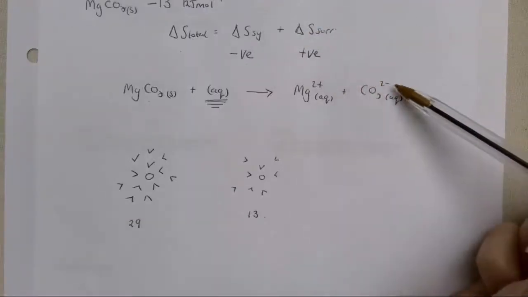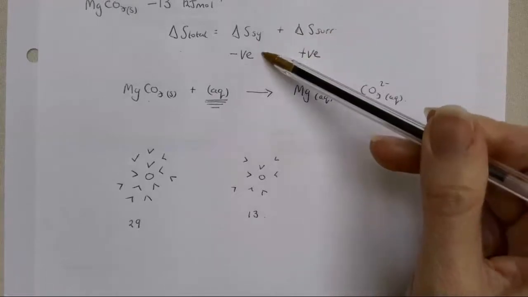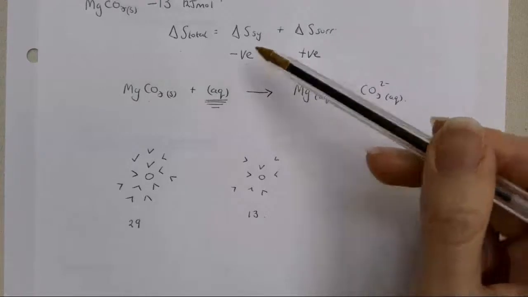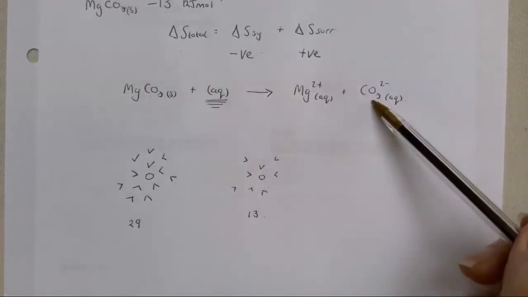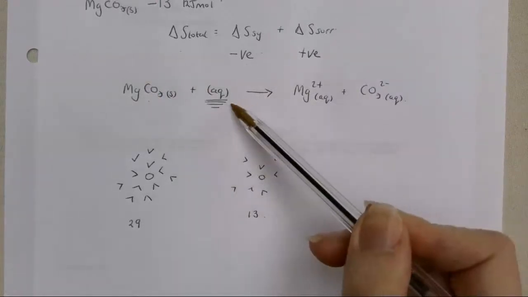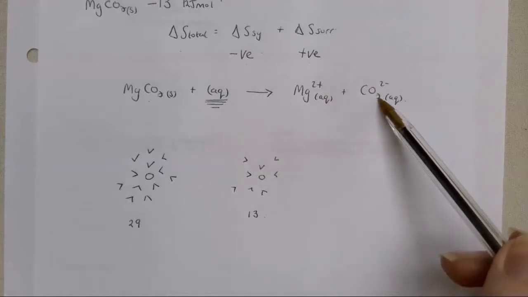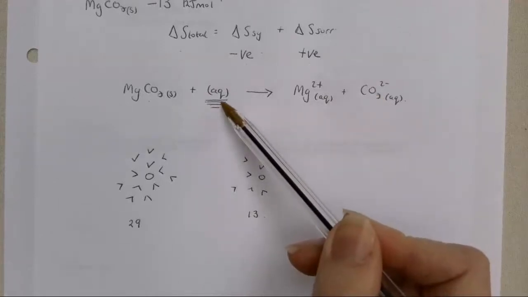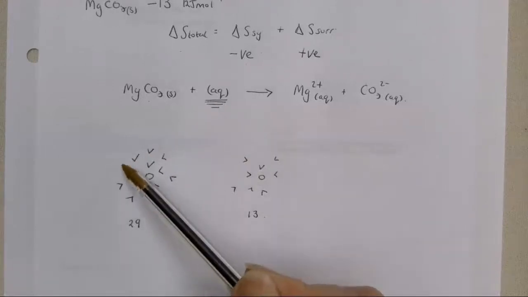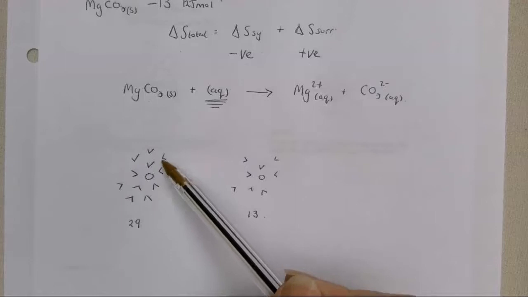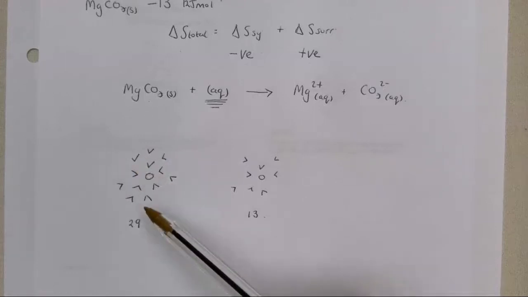So this explains why this reaction overall has a negative delta S system. The lattice is increasing in entropy, but the water is decreasing in entropy because the water is going from a random arrangement of water molecules to this more ordered structure here, where those water molecules are orientated around this small positive ion.